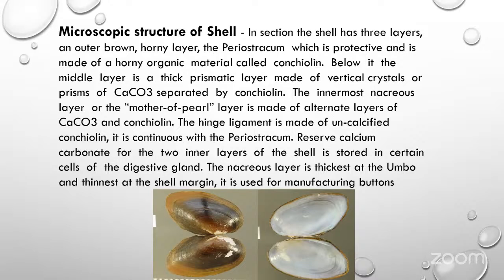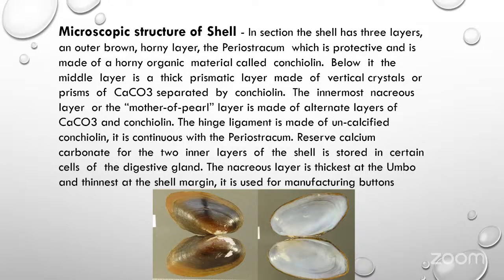The innermost nacreous layer, or mother of pearl layer, is made of alternate layers of CaCO3 and conchiolin. The hinge ligament is made of uncalcified conchiolin. It is continuous with the periostracum.